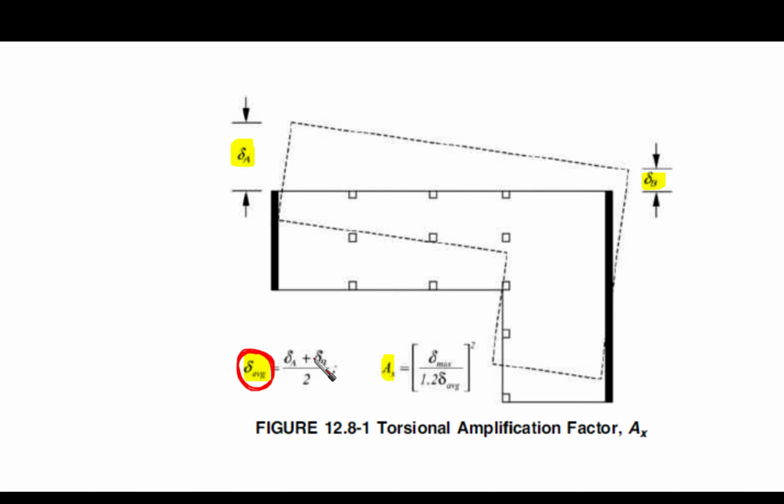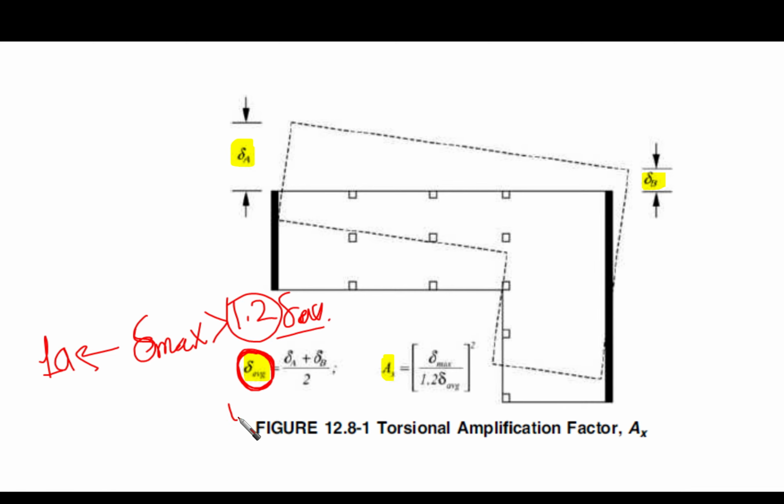If the maximum one of them, delta maximum, is larger than 1.2 times this delta average, then we are under 1A horizontal irregularity. And if this is 1.4, then we are under 1B horizontal irregularity.